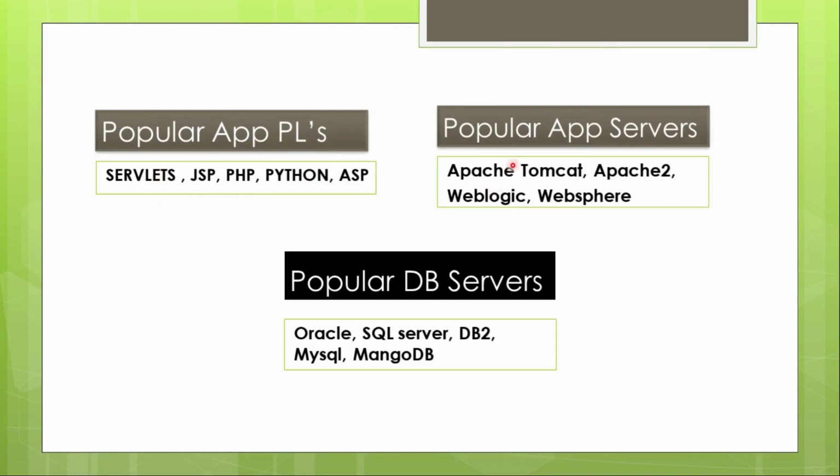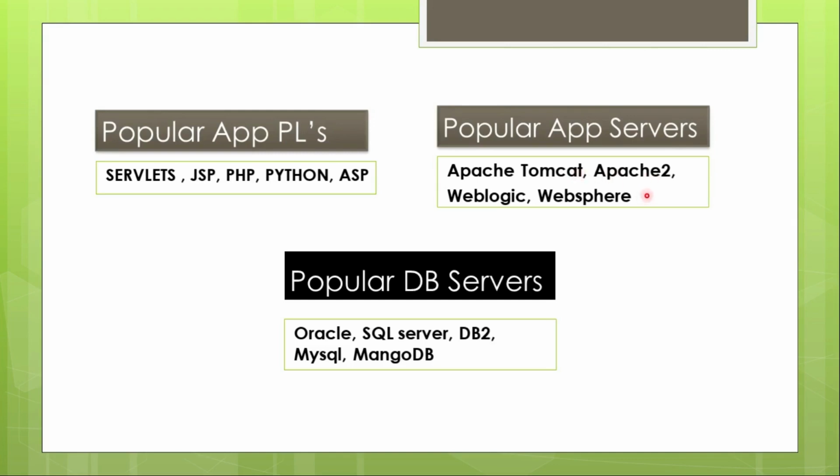In the same way, other than Apache Tomcat, which is very popular for deploying Java applications, we have some other popular application servers. As part of this tutorial, I'll be using Apache Tomcat because it is free, open source and a very popular Java-based application server. We also have Apache 2, from the same organization, Apache, which works well for deploying PHP applications.